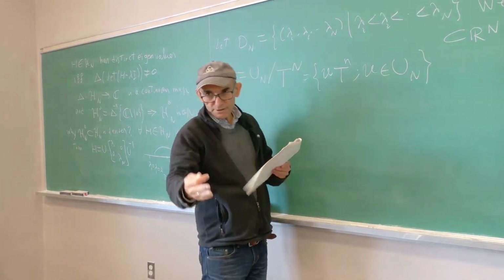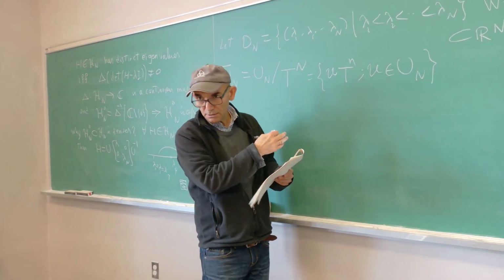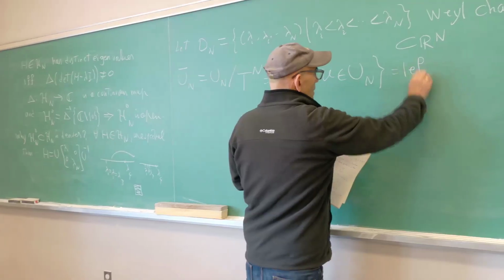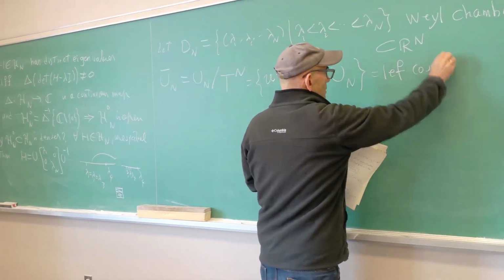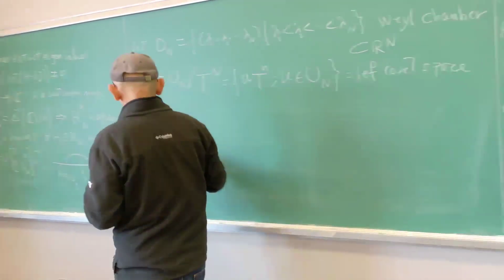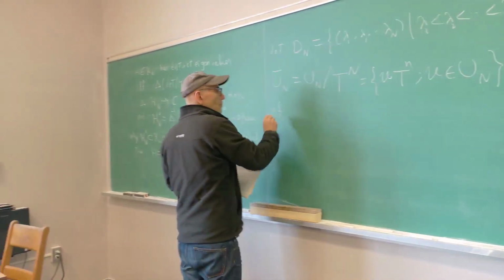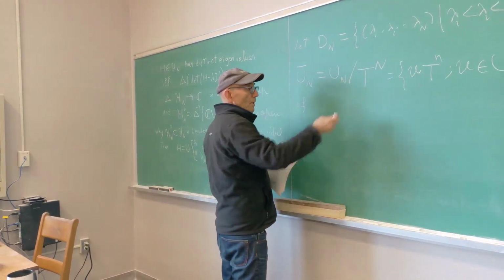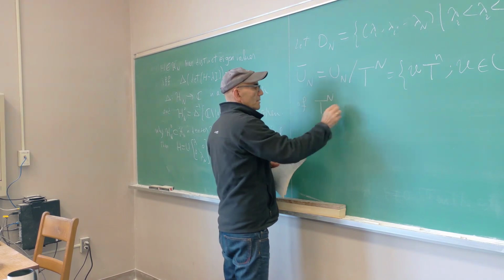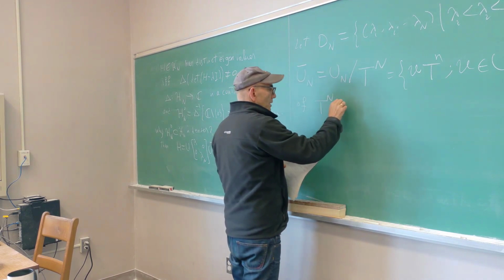This is the left coset space of T_n inside U_n.